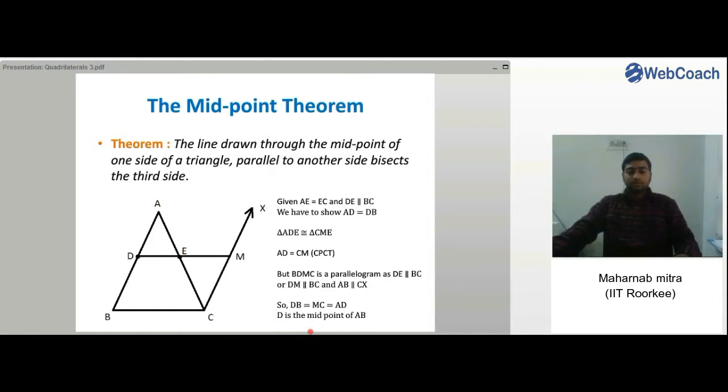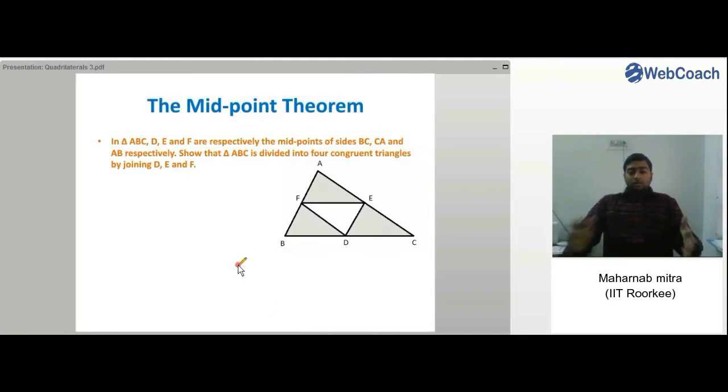So let us use what we have learnt so far to solve a question. Now here is the given figure, triangle ABC, as you can see here. D, E, F are respectively the midpoints of sides BC, CA and AB, right? All these are the midpoints of the corresponding sides.